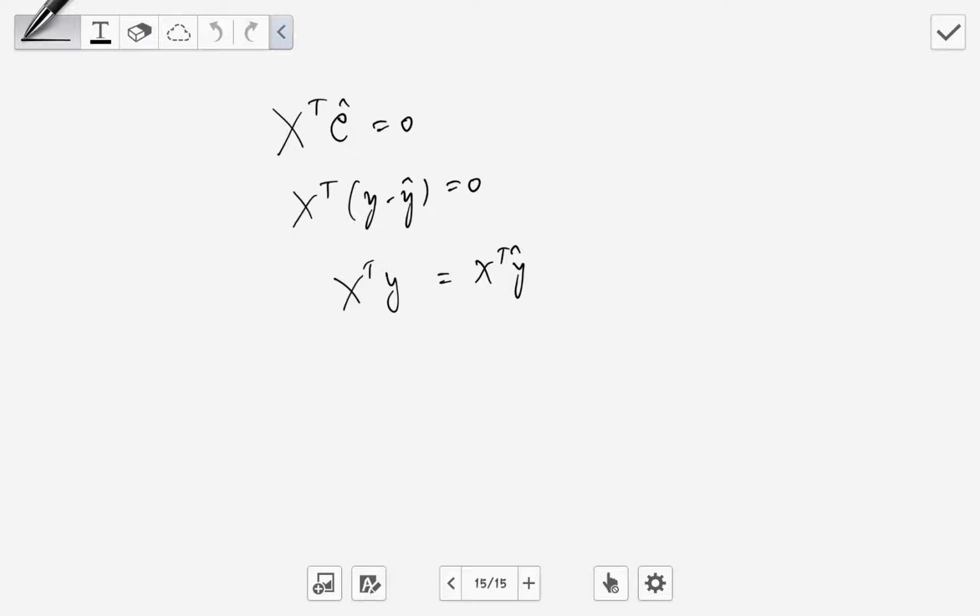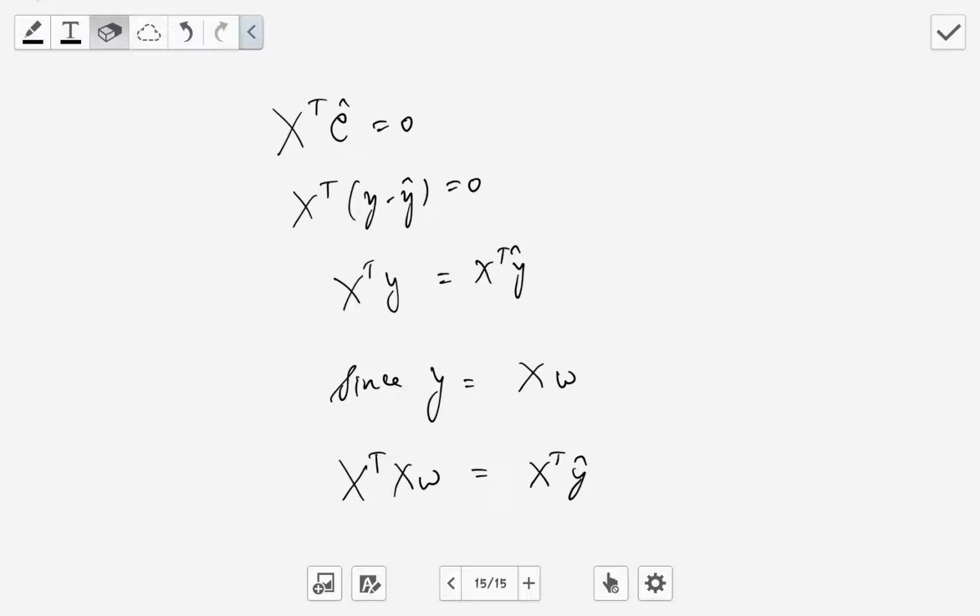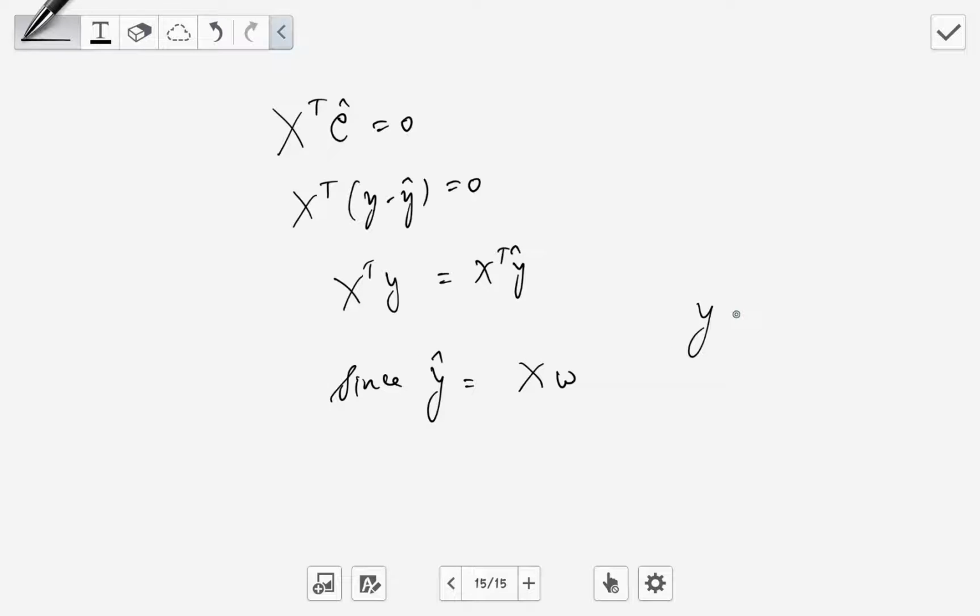So we substitute this here: X transpose y is equal to X transpose XW. But then, what do we know in all this? We want to find y cap is equal to XW, isn't it? We wanted to find y cap, not y. Since y is not equal to XW, because y is equal to XW is unsolvable.